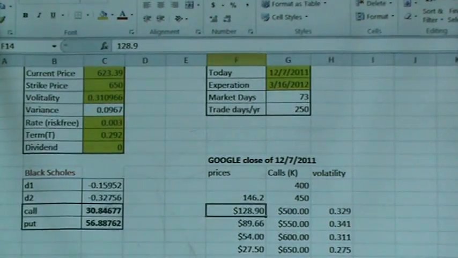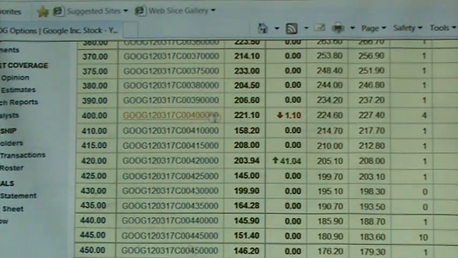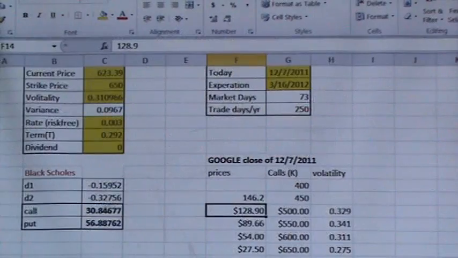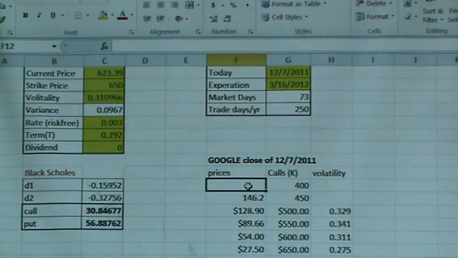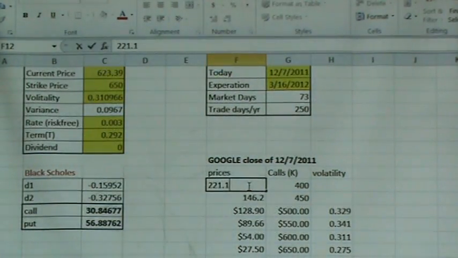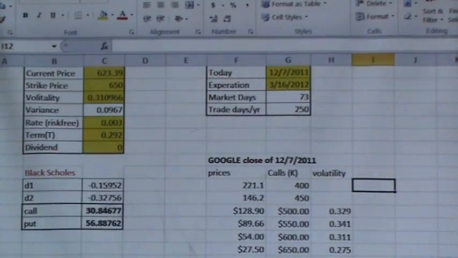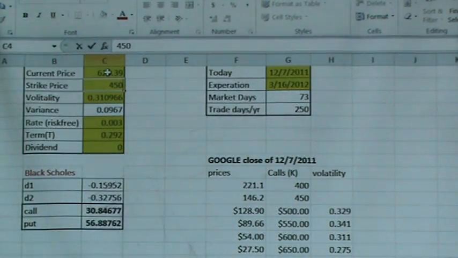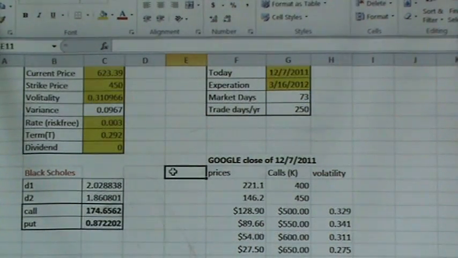And then the 400 is 221.10. Okay, so for the strike price of 450, we just put the strike price in, and then we do Goal Seek.